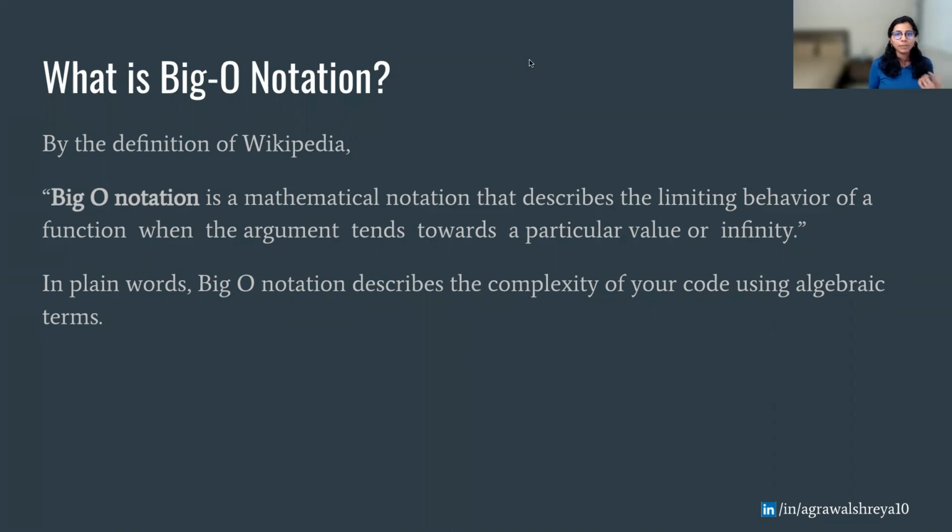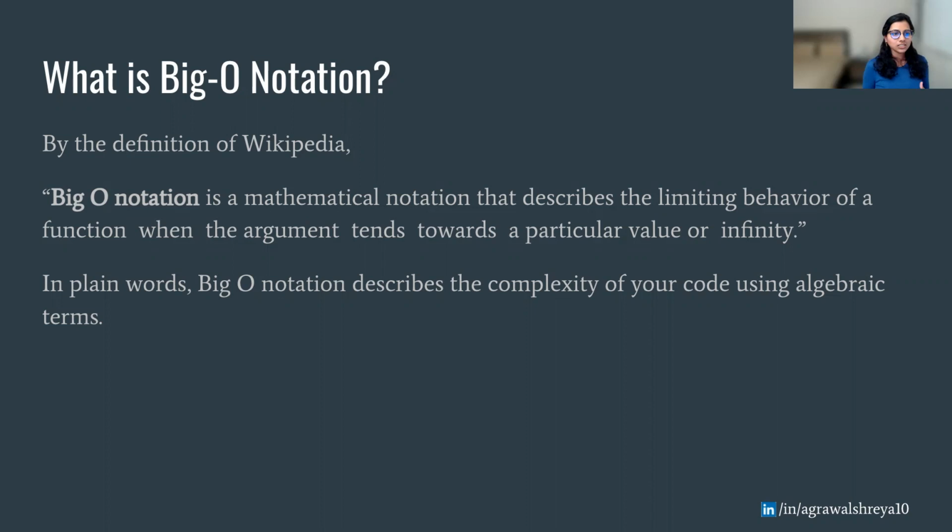As it says, it is a mathematical notation, a language used by mathematicians, computer scientists, or in general developers to describe and analyze the scalability of our program: how it is going to perform and how efficient our algorithm or code is in general. To know how efficient it is going to be, we need to compute the computational analysis, and when we do so, we get to know how efficient our program is.